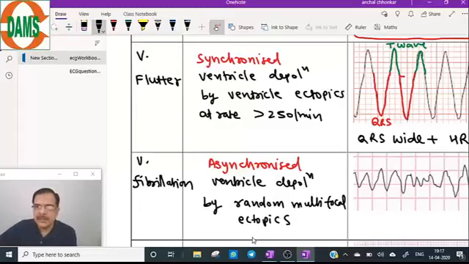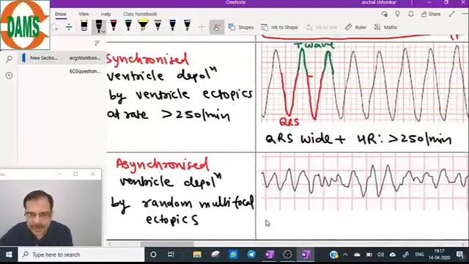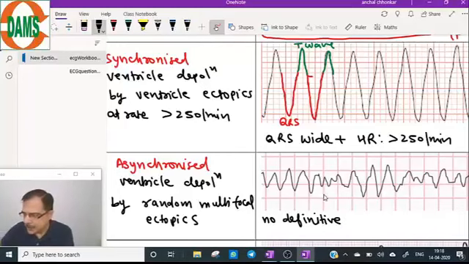Because of this asynchronized ventricle depolarization, what will happen? There will be no definitive QRS complex.